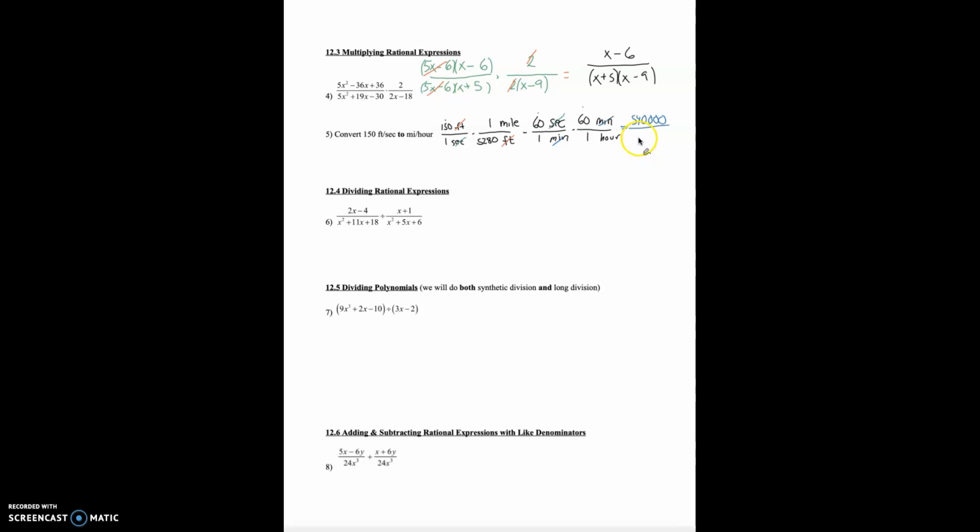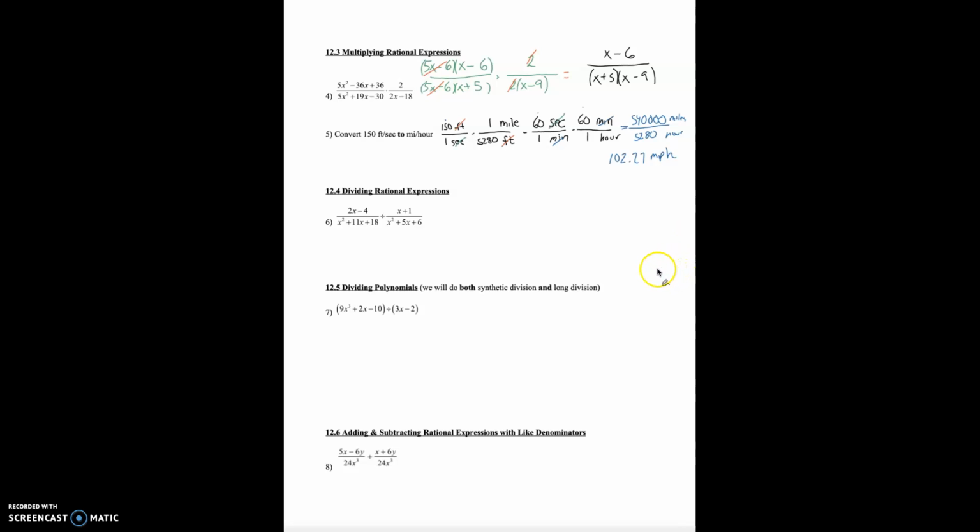And the denominator, it's just 5,280 times 1. And this is miles over hour. And then if we do that division in the calculator, we're going to get 102.27 miles per hour. I'm just going to write MPH here. So that's our dimensional analysis. You're going to use that a lot in science classes as well.